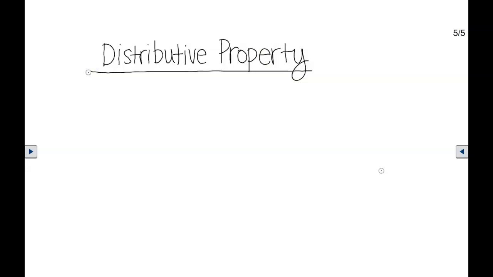Distributive property will work when I have a number. I'm going to call that number A. So I'm being kind of generic here. And then that number is multiplied by a group that contains an addition problem. So this is one time that distributive property will work.